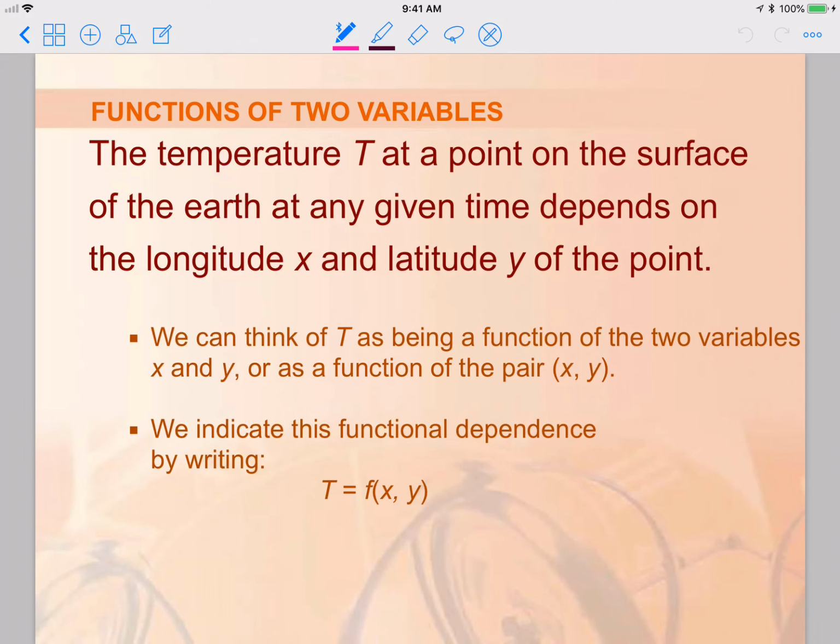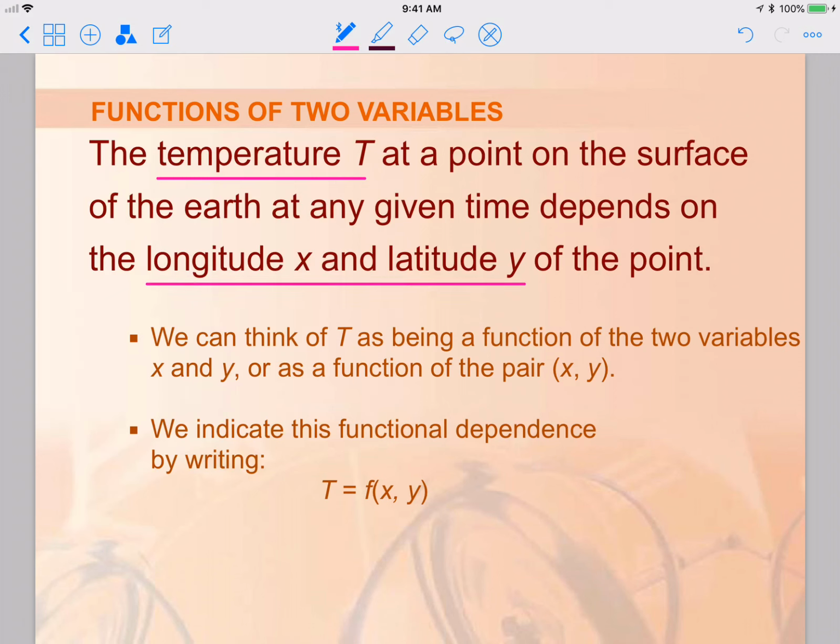Okay, so let's do an example. What is a real world situation where you have a function that depends on 2 variables? Temperature. So the temperature at a point on the surface of the Earth can depend on longitude and latitude of the point, right?